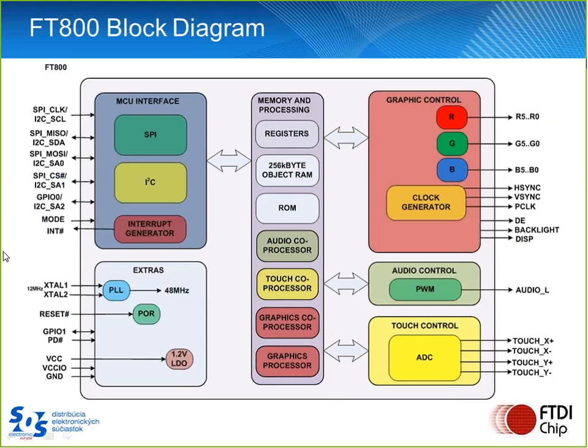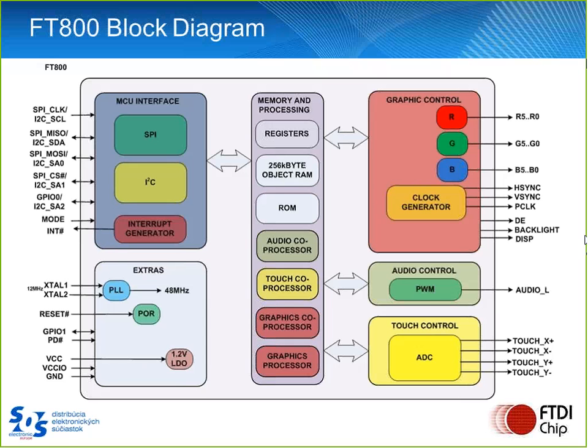Okay, so how does the 800 lay out? As you can see, we have our in and out. So on our left-hand side, we have our SPI connection or I2C. It would be one or the other. Then we have down the bottom our clocking, which is 48 megahertz, and we have obviously our power supply.